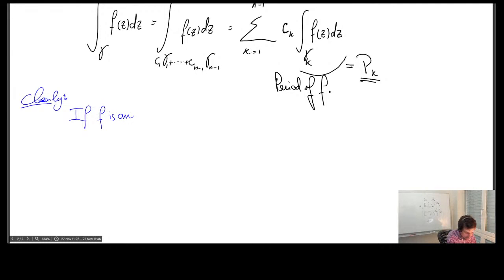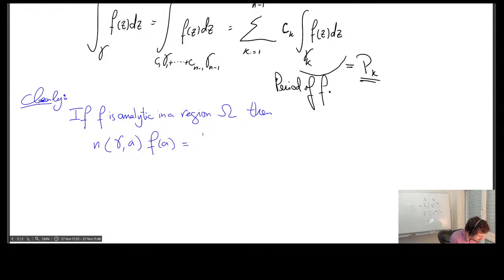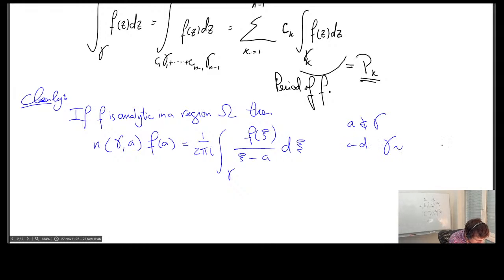If f is analytic in a region omega, then the Cauchy integral formula now holds: f of a equals 1 over 2 pi i times the integral of f of z over z minus a dz, provided that a is not on the curve and the curve is homologous to 0.